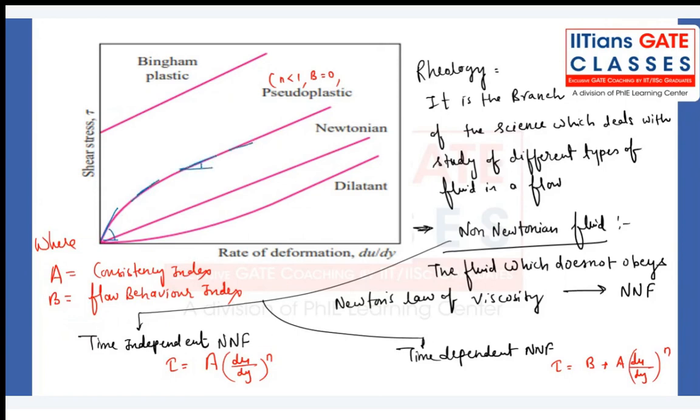Slope is decreasing. Viscosity will decrease. That's why pseudoplastic fluid is also called shear thinning fluid. Make a note of it.